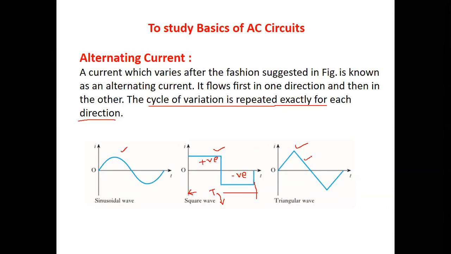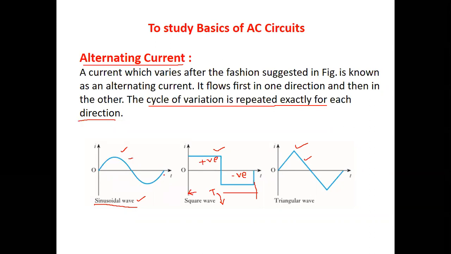We can generate a square wave, a triangular wave, or a sinusoidal wave, but we will always try to generate a sine wave. All over the world, whenever you want to generate an alternating current or alternating voltage, 99% of the time they'll try to develop a sinusoidal waveform.